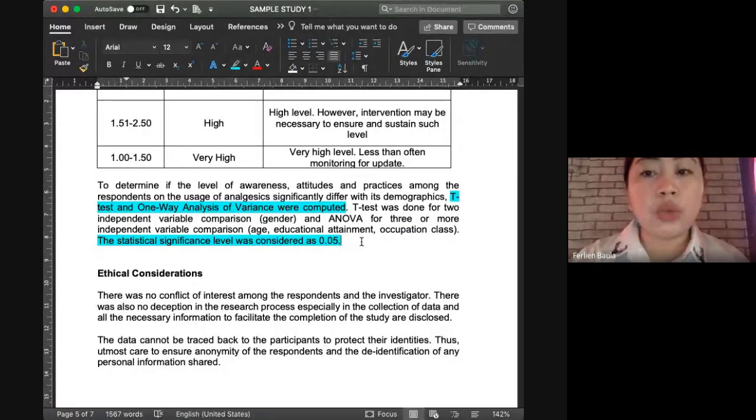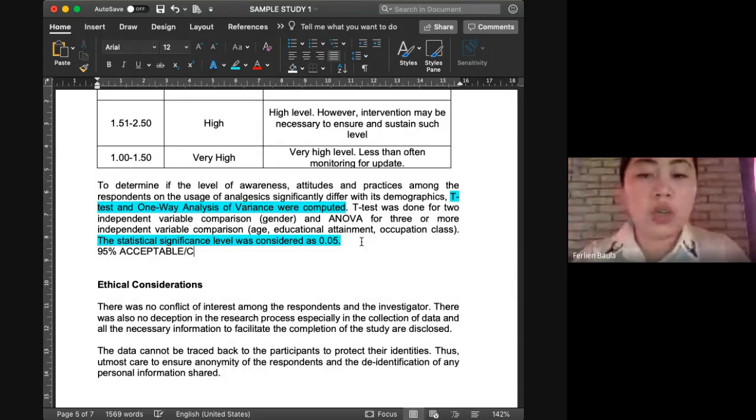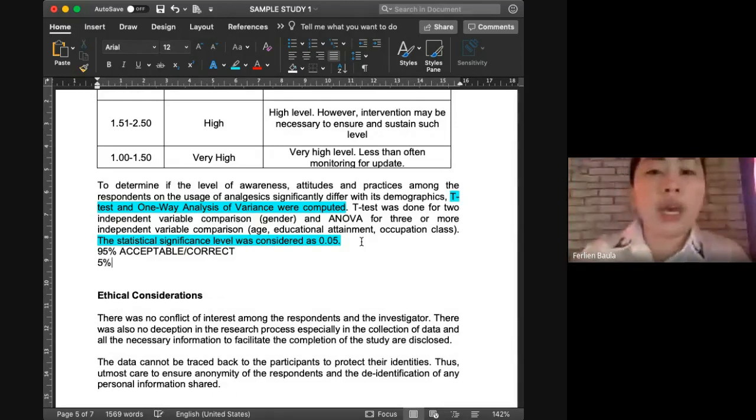And for clinical researches, we allow or we accept 0.05. That means 95% of your data should be acceptable or correct. Or we only allow 5% error.